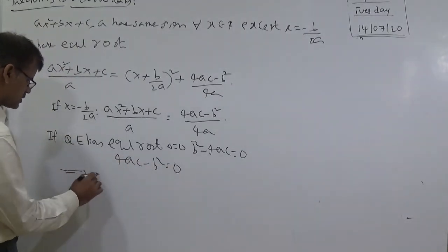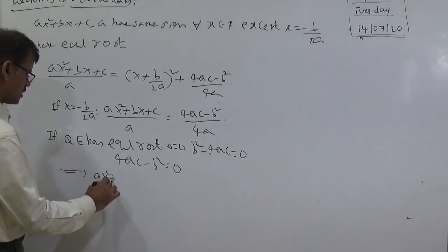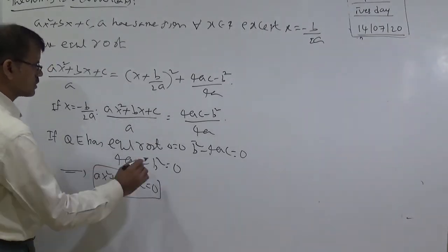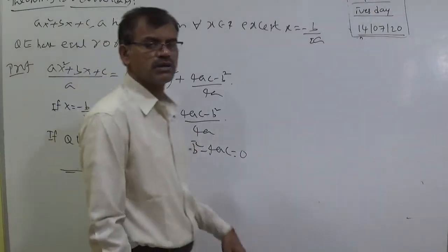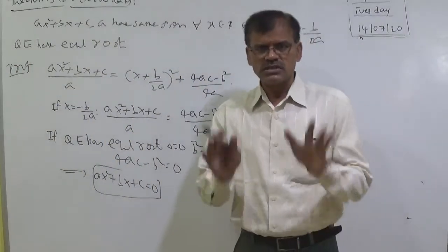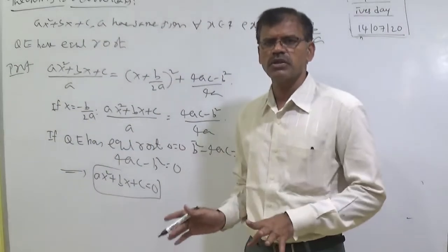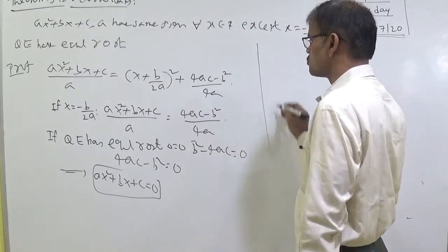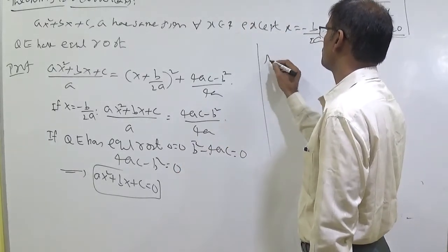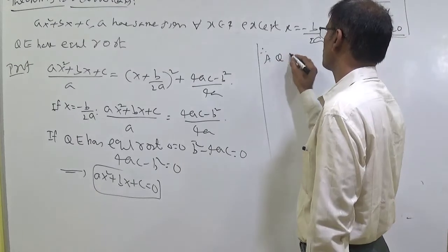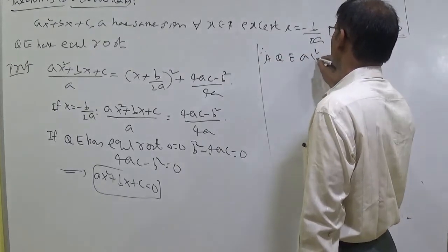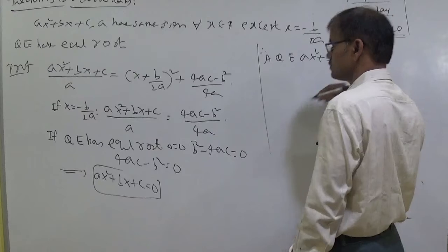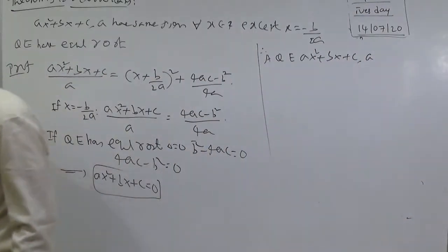If you write 4ac minus b square equal to 0 with nothing more, there is no use; it is simply a quadratic equation, there is no characteristic. That is why you should write it for the QE. Therefore, the condition for the QE ax square plus bx plus c, whatever the theorem is, you can write.